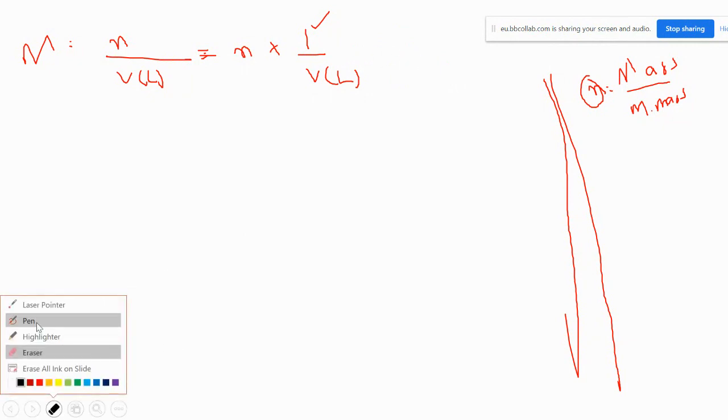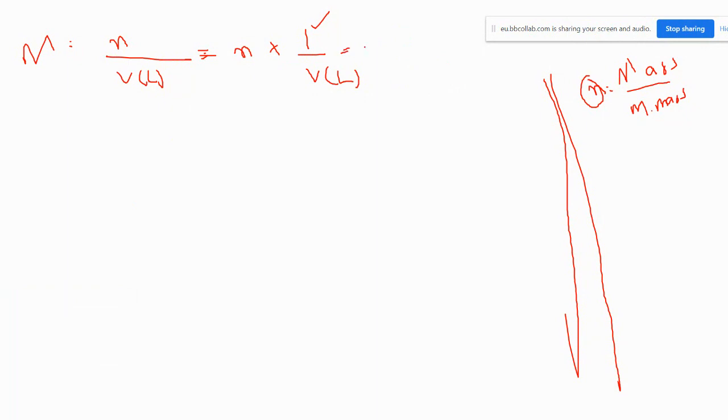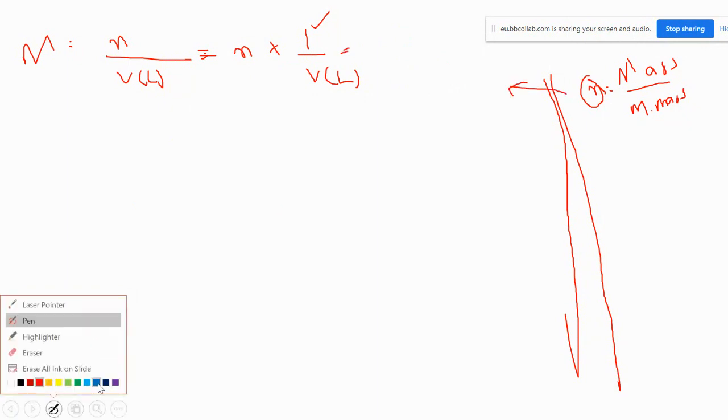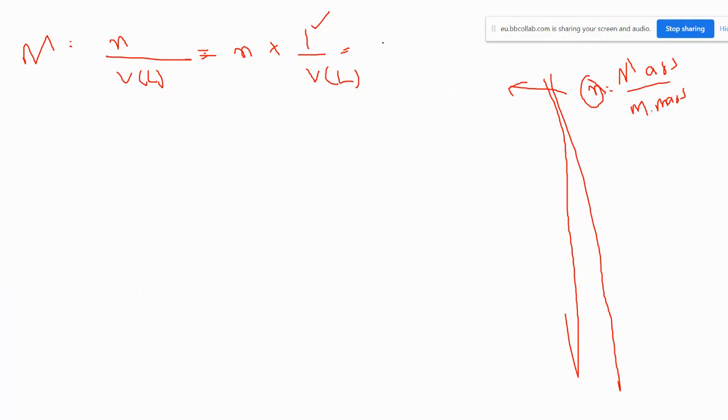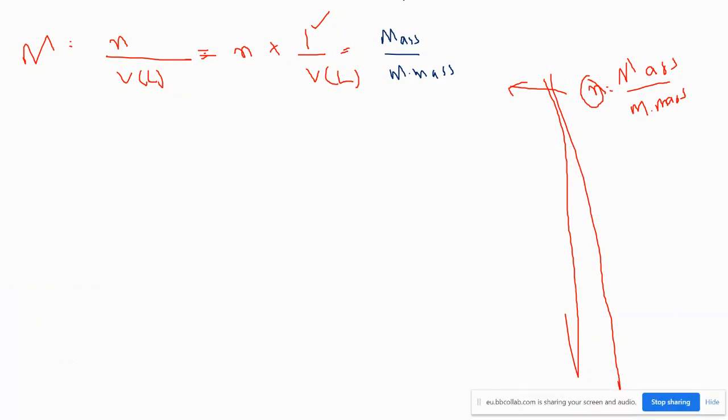Let's put the value of n here. n is equal to mass divided by molar mass. We talk about the solute: mass of solute divided by the molar mass of solute. Now multiply by 1 divided by volume in liters. That's it. This is the formula for molarity.